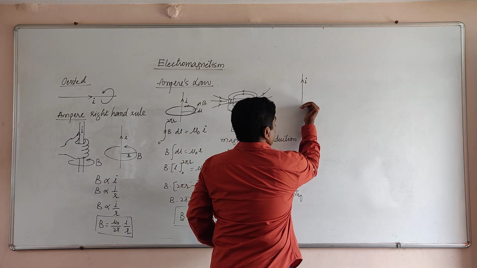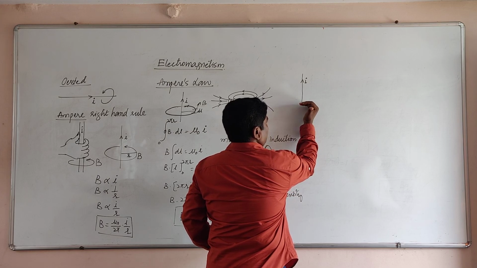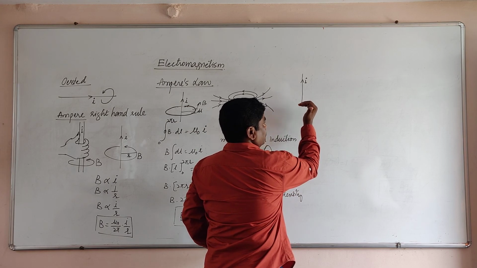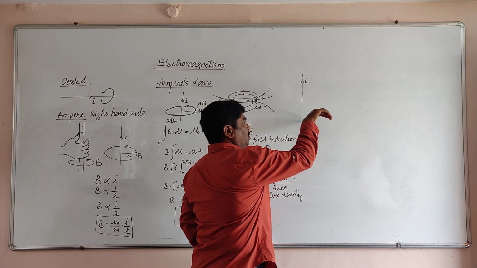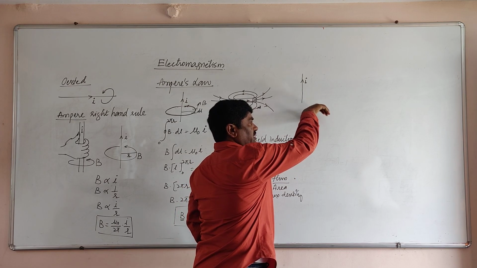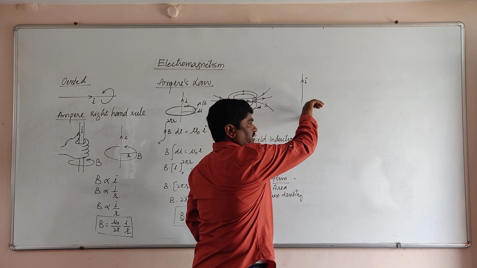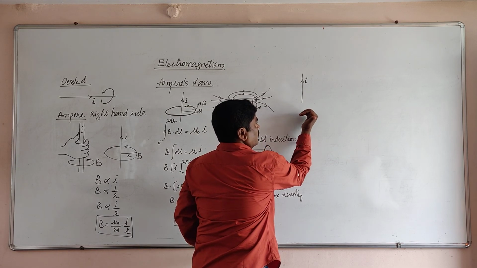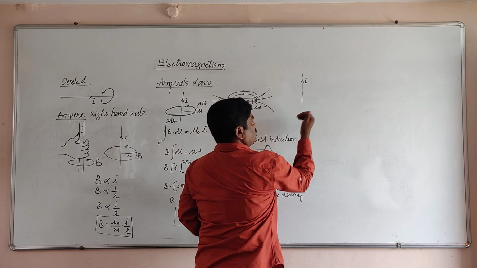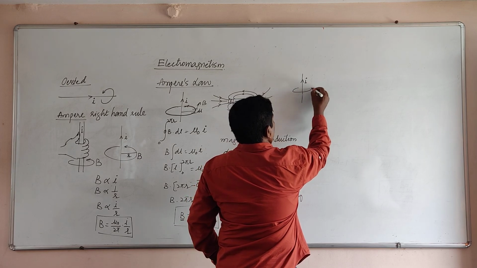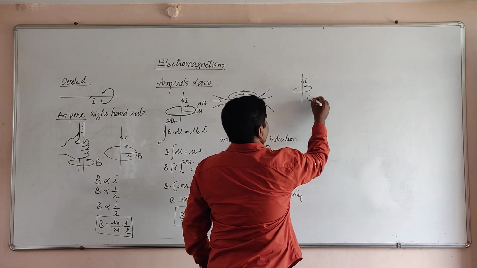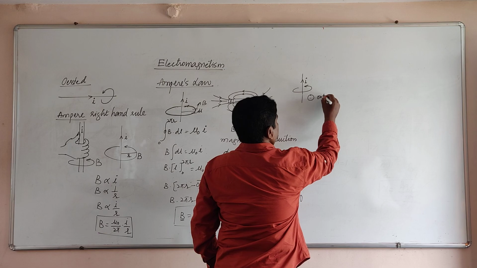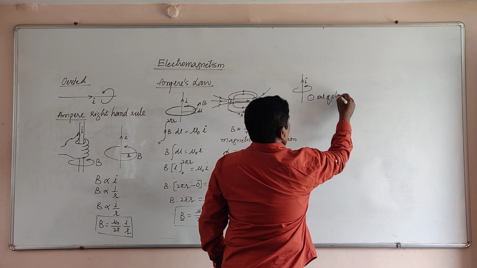When the current is shown like this, what happened? It is out of the plane. When it is shown into the plane, this direction is clockwise. So this is out of the paper, and this direction is anti-clockwise, out of plane.